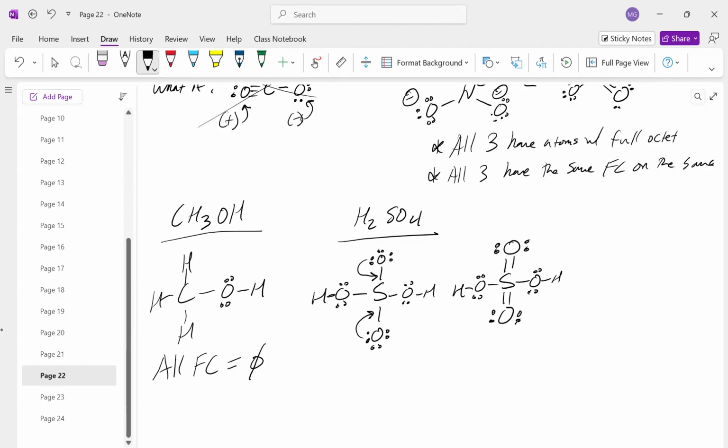Now sulfur does have more than 8 electrons on it. That's okay. Third period and below can accommodate more than 8 electrons. And what do you notice about this structure now? The formal charge of all atoms is 0. So if that central atom is third period or below, we can exceed the octet rule if that helps us get rid of or lower formal charges.